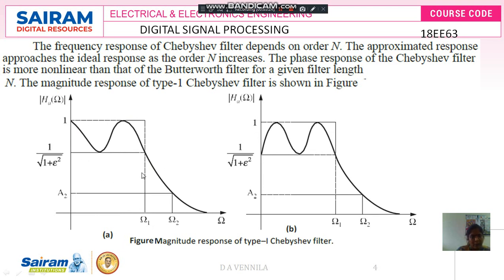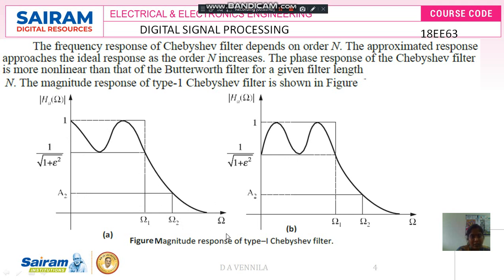And this is the filter response of your Chebyshev filter. You see, this is the pass band frequency, and this is the stop band frequency, and this is the pass band cutoff frequency, this is the stop band cutoff frequency. As I said earlier, in the pass band you will have ripples. In the stop band, ripple will not be there.